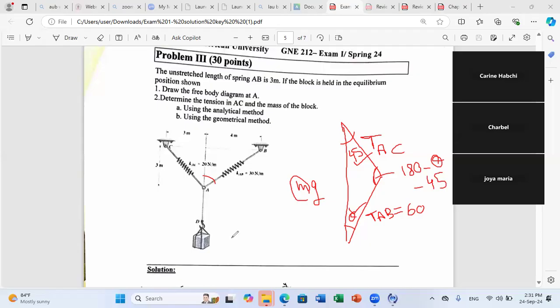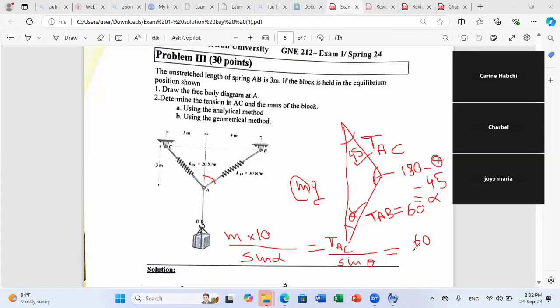From sine law, I can write the following. mg, and g is 10, we said. So m times 10 over, I will call this angle 180 minus theta minus 45, I will call it alpha. So over sine alpha, and alpha, I know it, I replace it. Equals TAC over sine theta, and equal to 60 over sine 45.